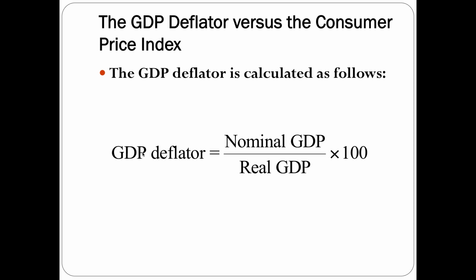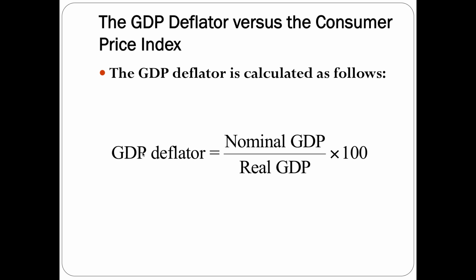So there are some differences with the GDP deflator. You're looking at goods that are produced domestically, currently produced goods, and how the prices are changing. And with the CPI, you're looking at a fixed basket of goods that people buy and how the prices are adjusting there.